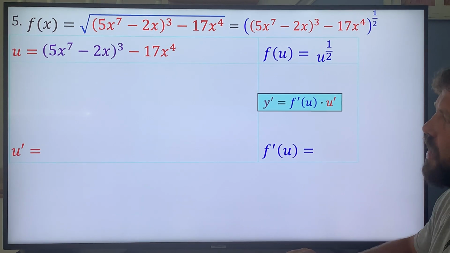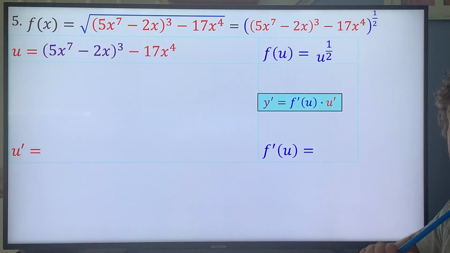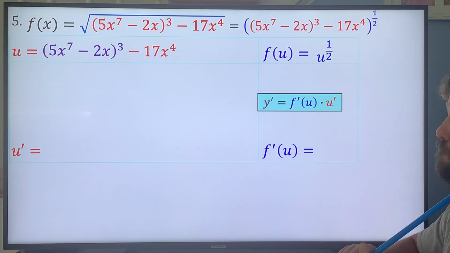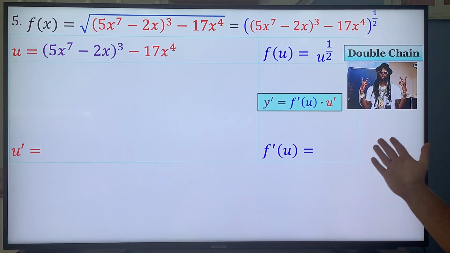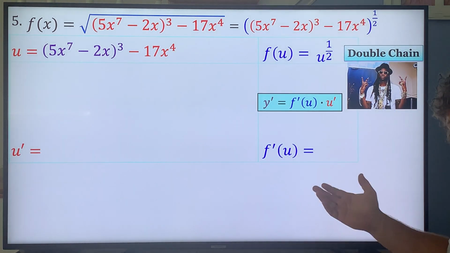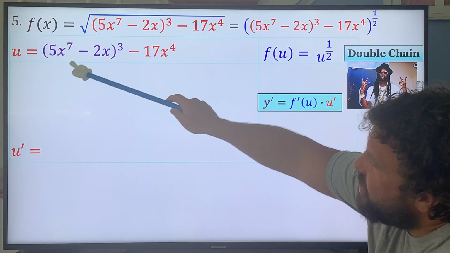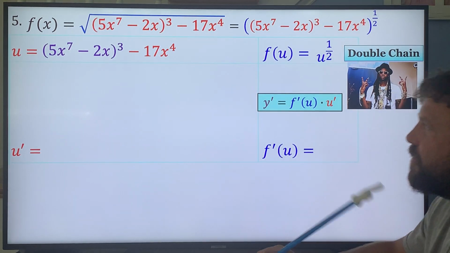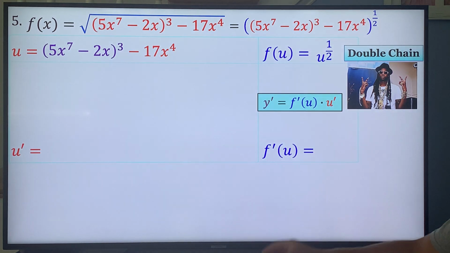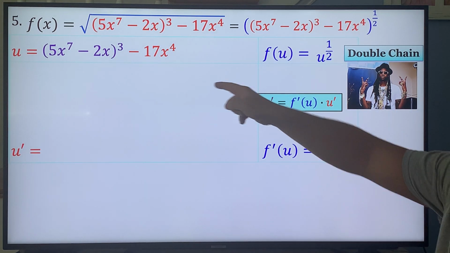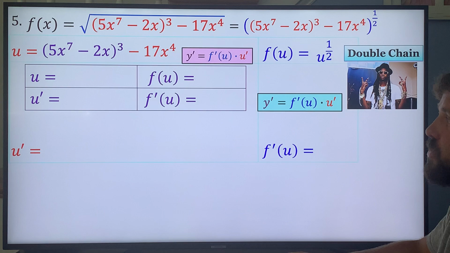So, how do we find u prime? You have to use double chain rule. So, what you have to do here is, you're going to take this part right here, 5x to the 7th minus 2x cubed, right? Use 2 chains. And you're going to chain rule it.